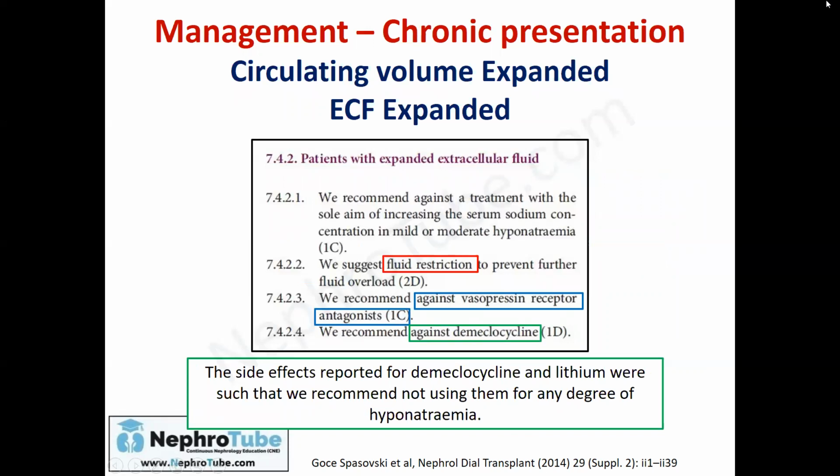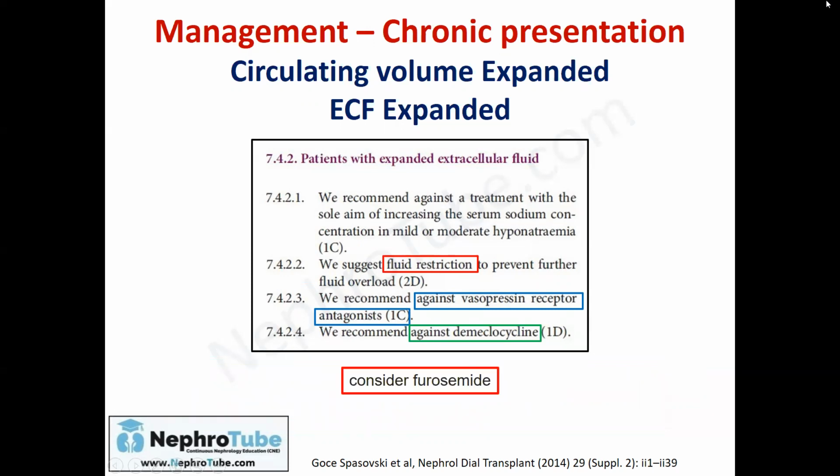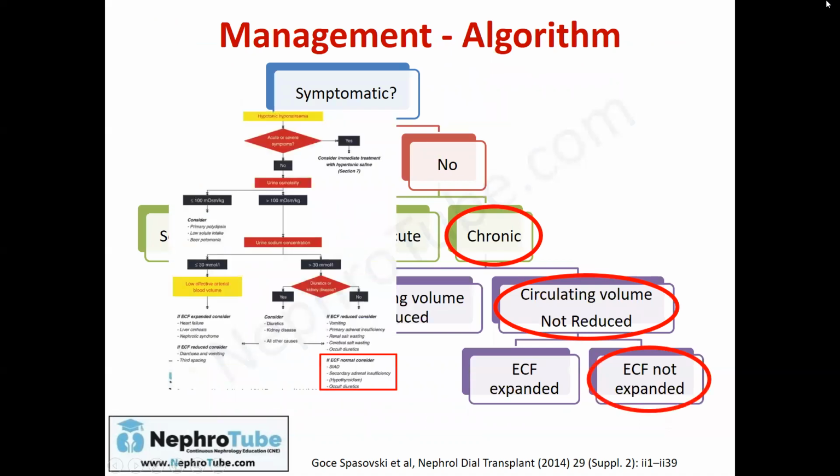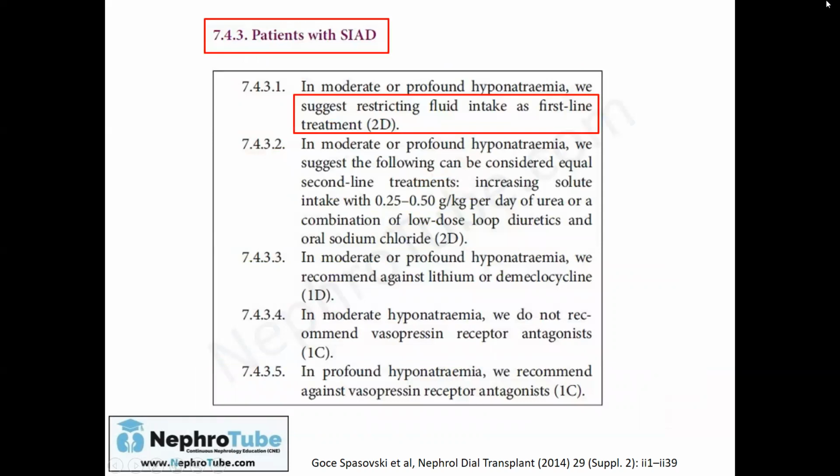The guidelines go against demeclocycline also, or lithium, for the treatment of any degree of hyponatremia because of their side effects. And sure, consider furosemide in these patients. What if the patient's extracellular fluid volume is not expanded, as in SIADH? In SIADH, actually, our experience as nephrologists is less than endocrinologists in treatment of SIADH.